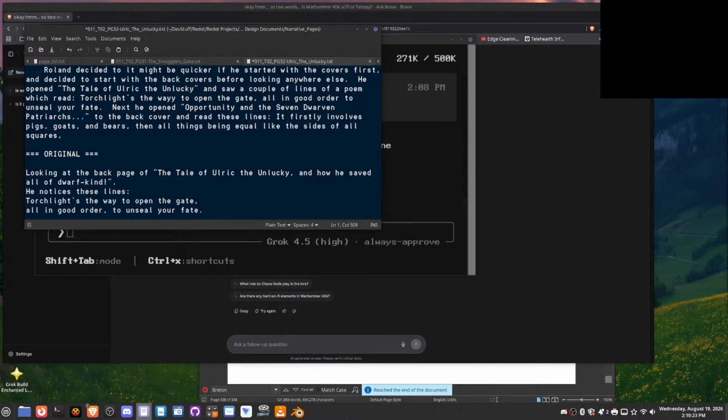So, squares. All squares are equal. There's 4. So all squares have 4 sides, right?